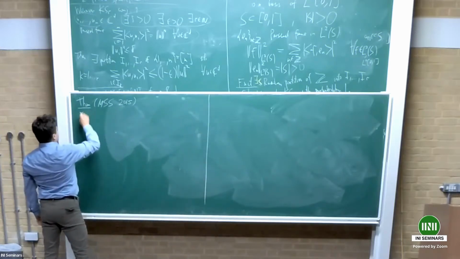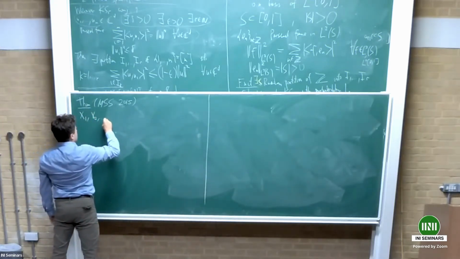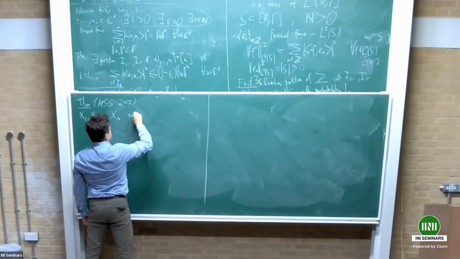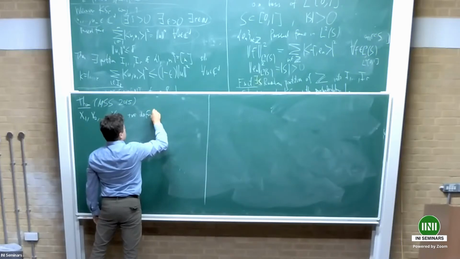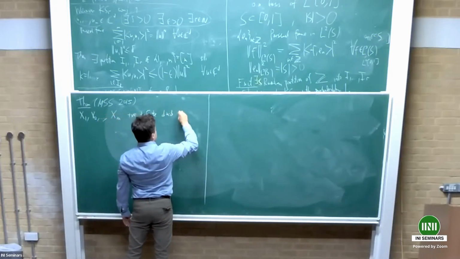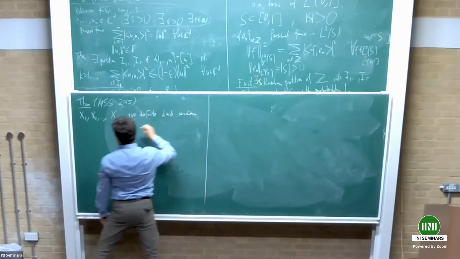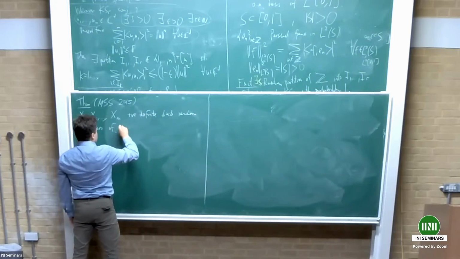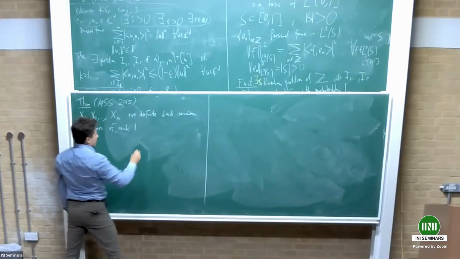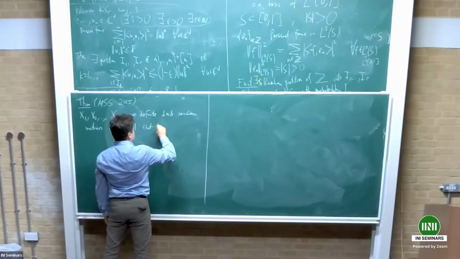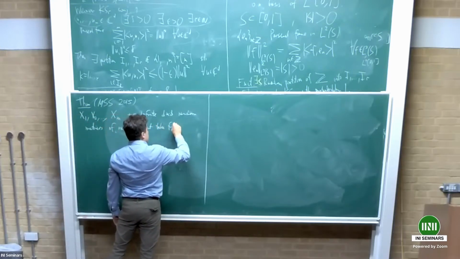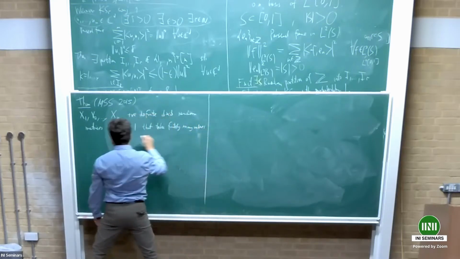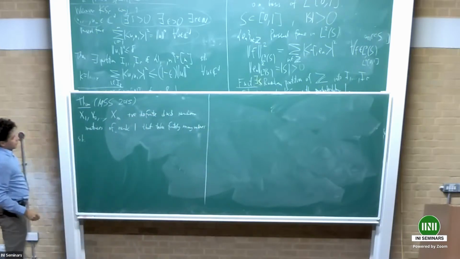Suppose X1, X2, up to Xm are positive definite d by d random matrices, actually of rank 1 initially, that take finitely many values, such that they satisfy the following.